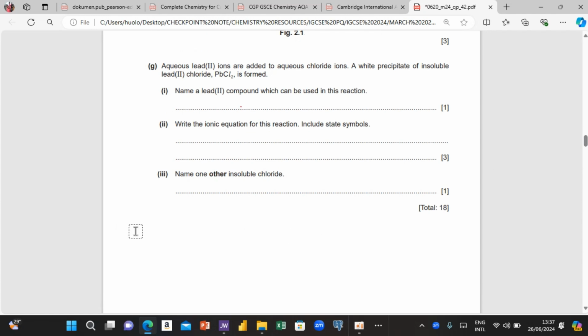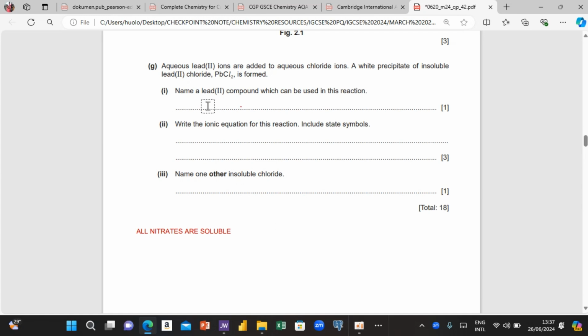Please remember that all nitrates are soluble. Anything that is made up of nitrates is soluble. So if you are given these kinds of questions, always think in terms of nitrates.